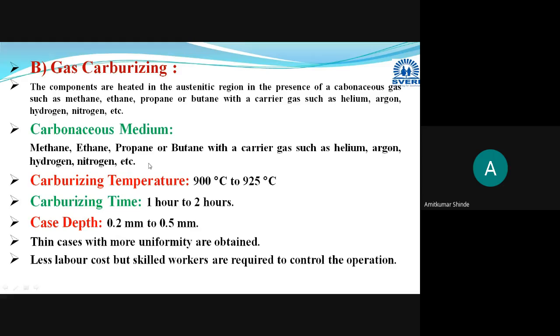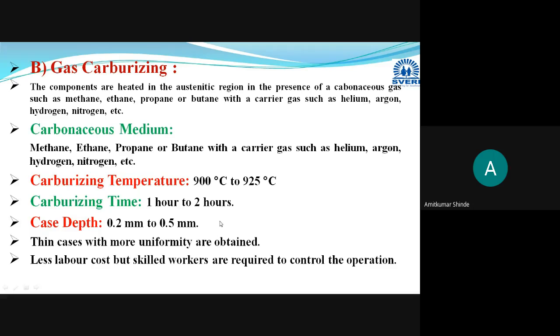Now, these are the important points. Medium used: gaseous medium like methane, ethane, propane, or butane, with inert gases or carrier gases like helium, argon, or nitrogen. Temperature used will be 900 to 925 degrees Celsius, for 1 to 2 hours. And case depth achieved will be 0.2 to 0.5 millimeter.